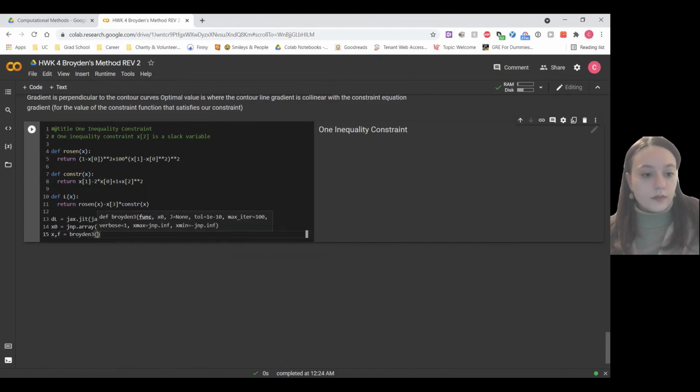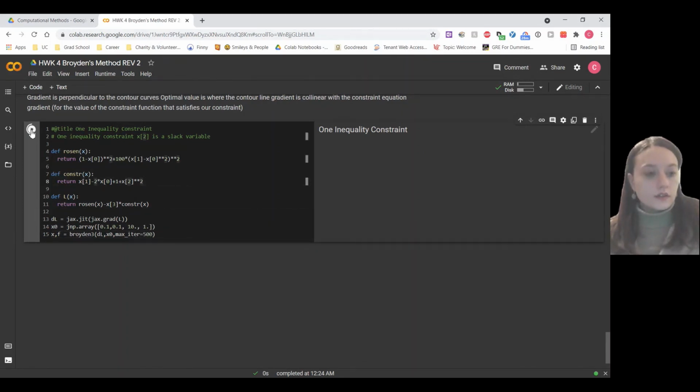Our inputs for that will be not the formula for the Lagrangian, but the gradient of the Lagrangian, our initial x value. Finally, we'll specify our max iterations to be 500.